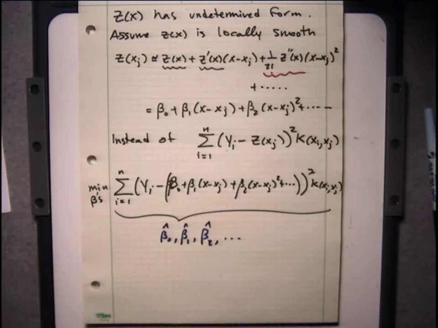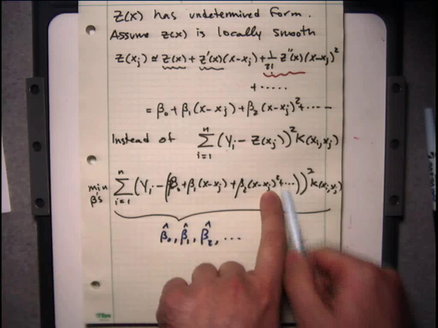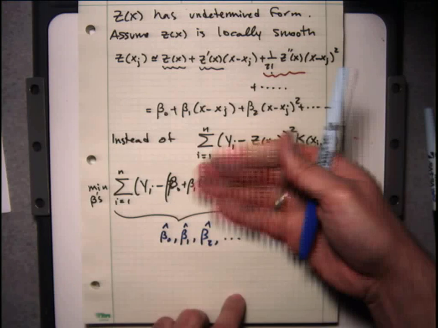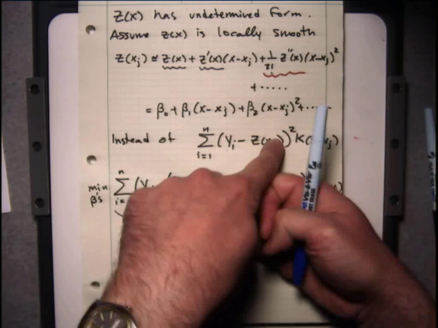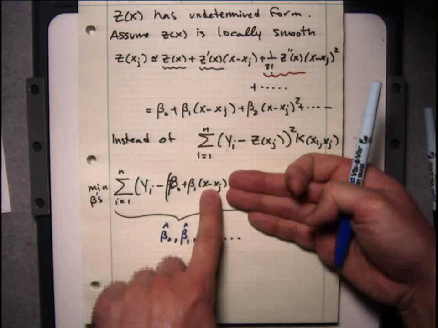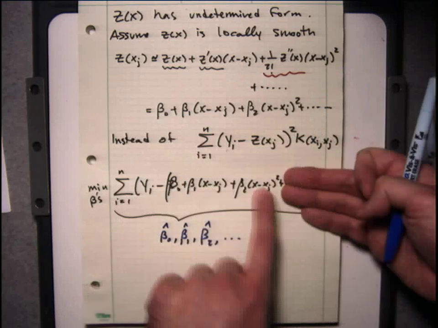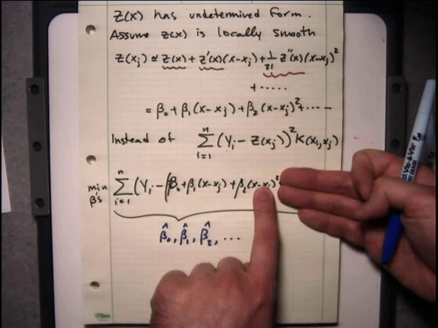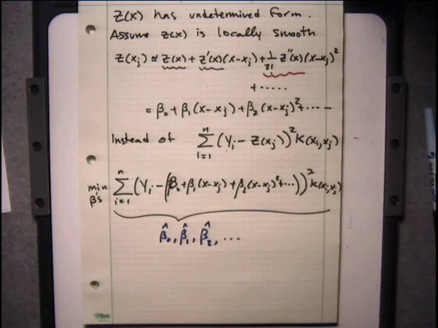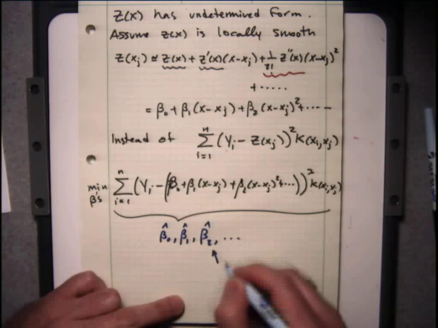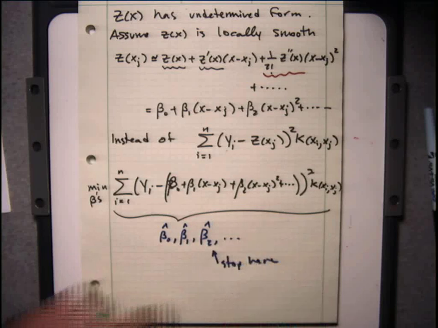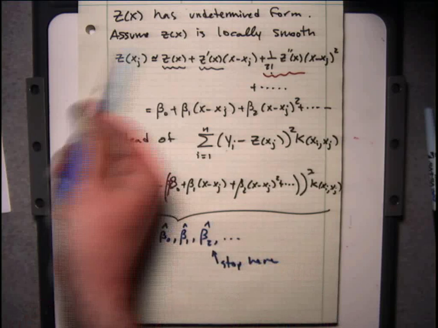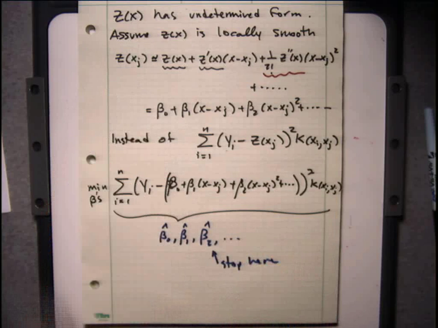Okay. Now typically, by the way, we don't do this with many, many terms. If you do it with no terms, just beta 0, then it's that. If you do it with one term, it's called linear regression. If you do it with two terms, it's called quadratic regression, or second order regression, and so on. So typically we stop here. Okay. Now, if all you're interested in is the value of the function, then these other coefficients you don't need.